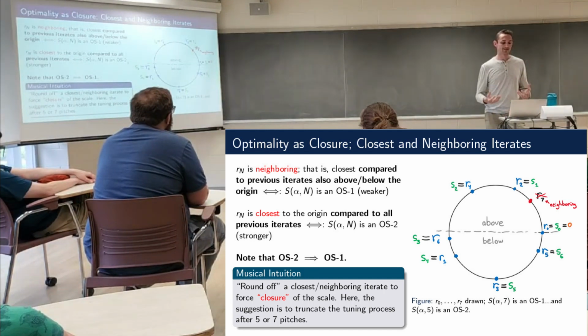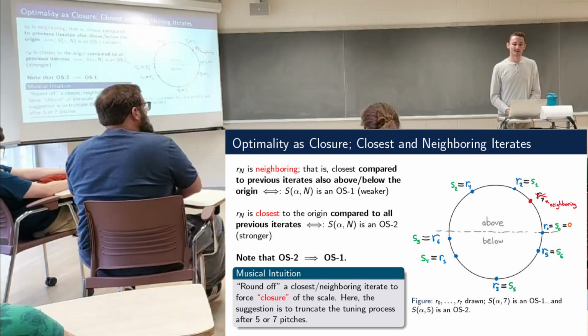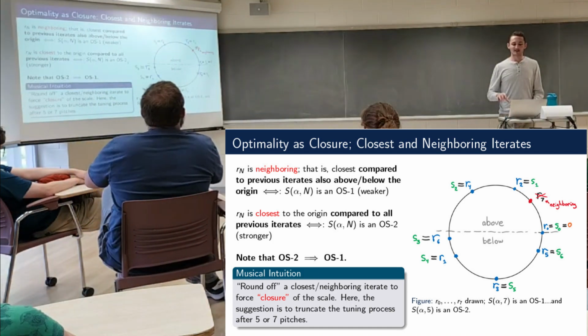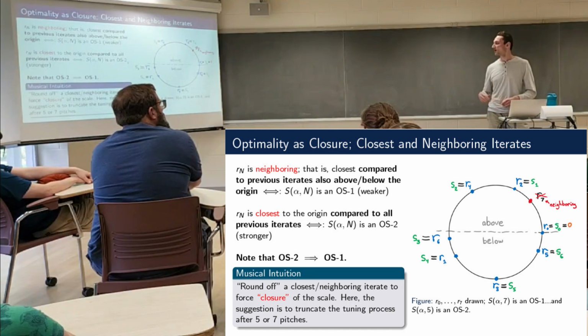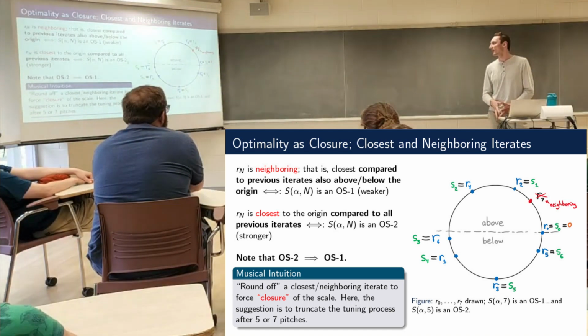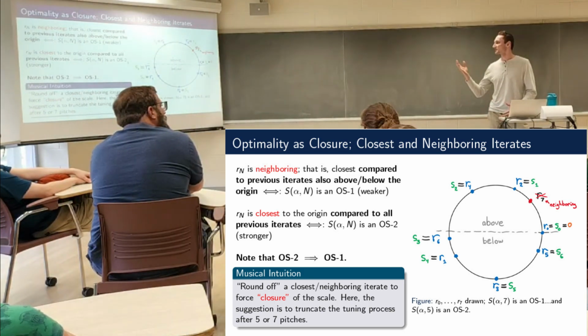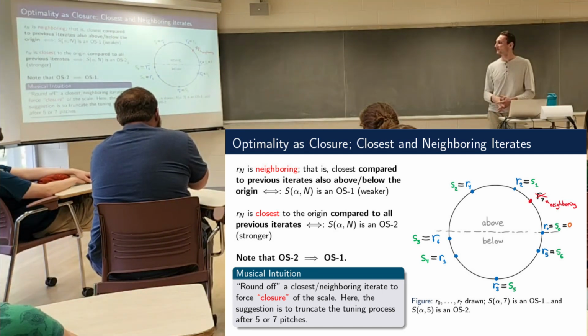There are two senses in which we can think of this. First is when the iterate Rn is neighboring, which means it's closest to the origin compared to all of the previous iterates that are also above or also below the origin. So in this case, R7 is neighboring because it's closer to the origin among all iterates above the origin.